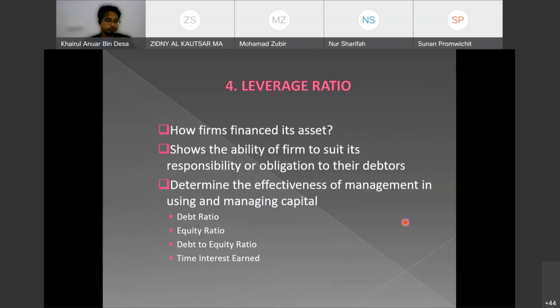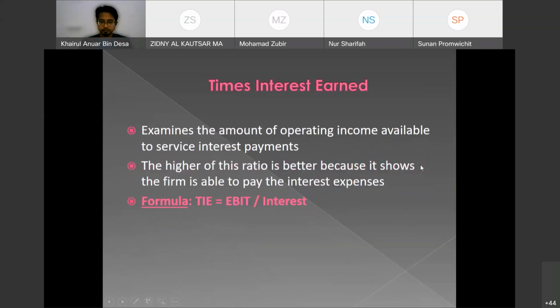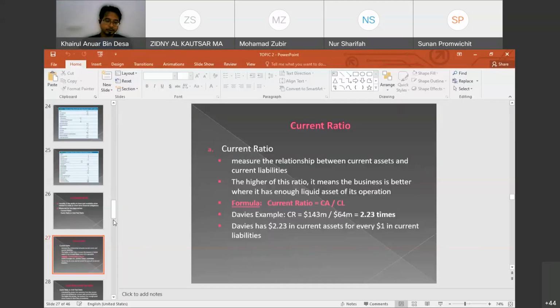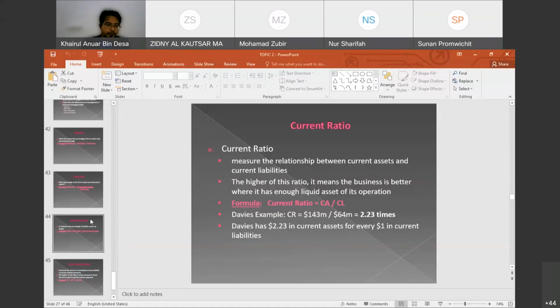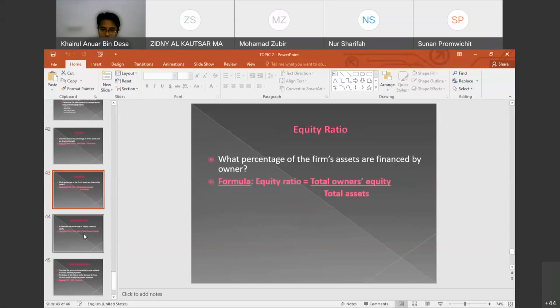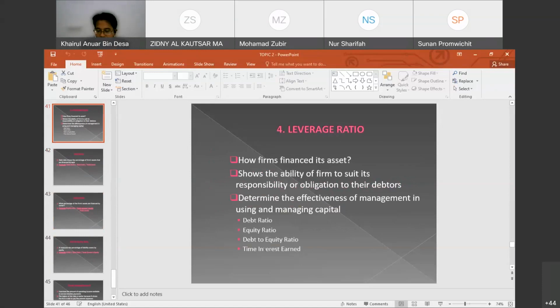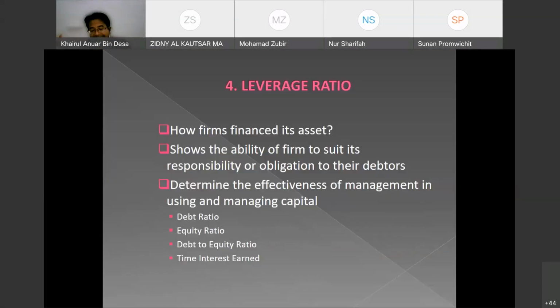Okay, leverage ratio. Okay, sikit lagi. Leverage ratio ni mengukur berapa banyak hutang yang syarikat kita gunakan.